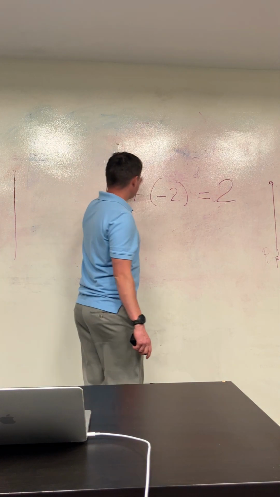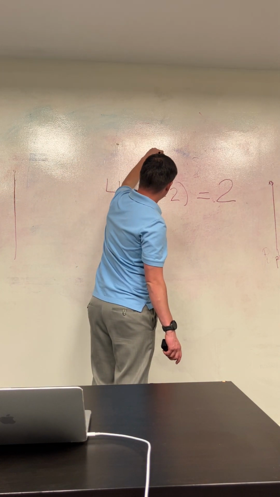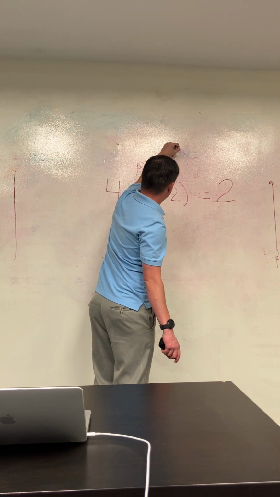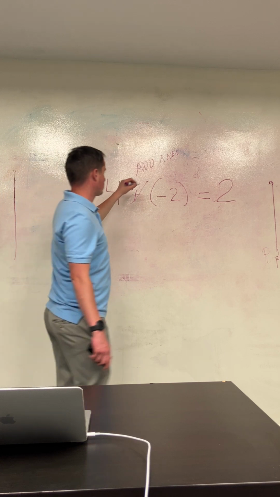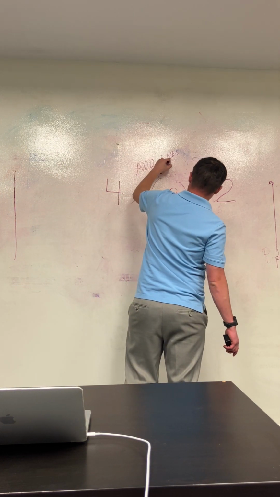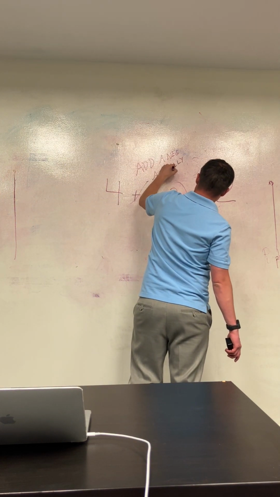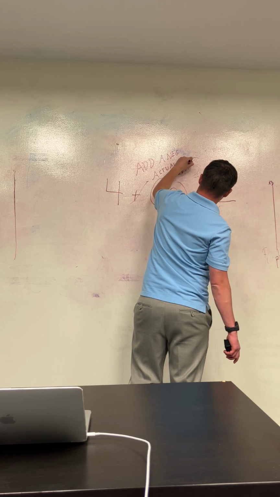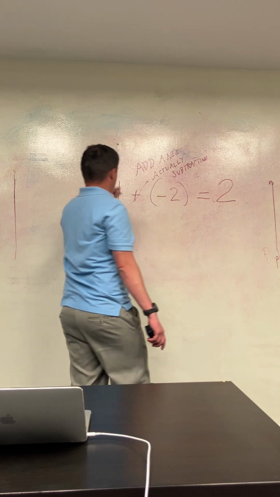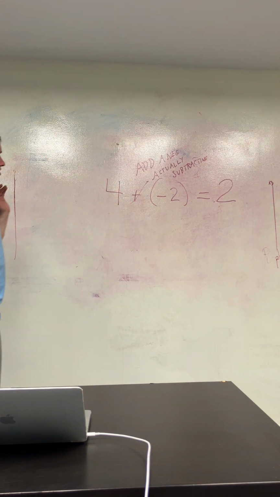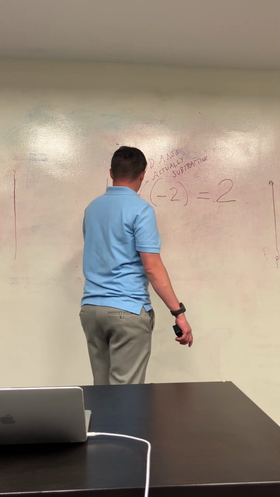So when you add a negative, it takes away this sign. It's actually subtracting. So that's something to remember. I also can't spell on a board, so I probably mess it up a lot. So when you add a negative, you're actually subtracting.